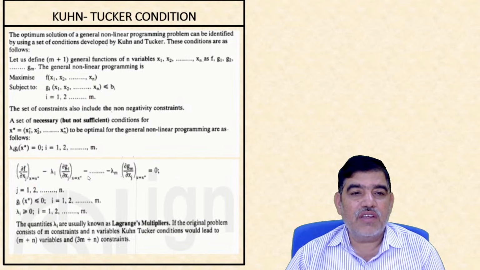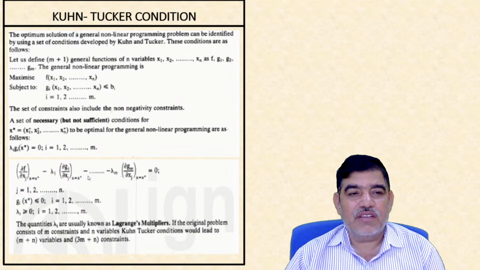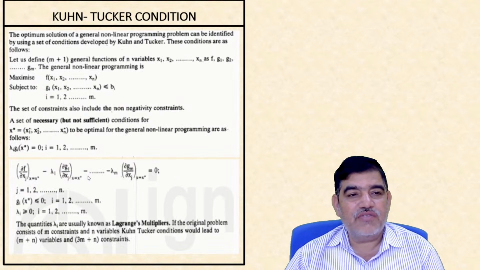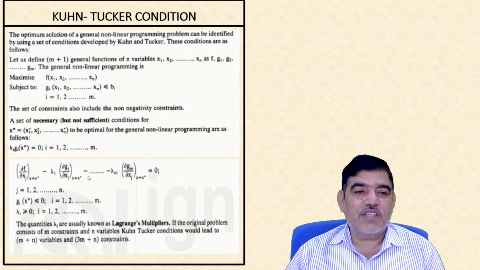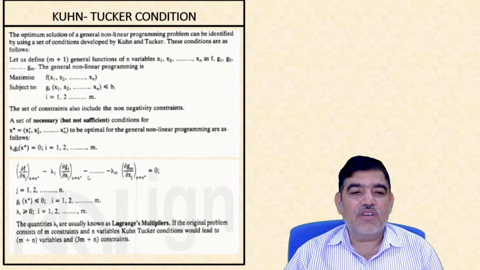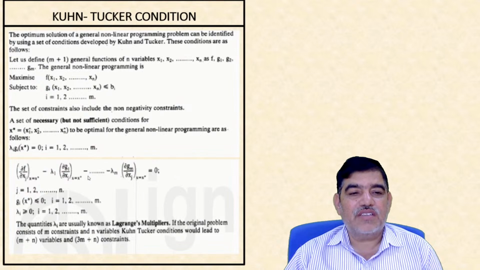The general nonlinear programming problem can be formulated as maximize the objective function f of x1, x2 up to xn subject to constraints, that is g_i of x1, x2 up to xn less than or equal to b_i, where i is the index, that is i equal to 1 to m. The set of constraints also includes the non-negativity constraints.